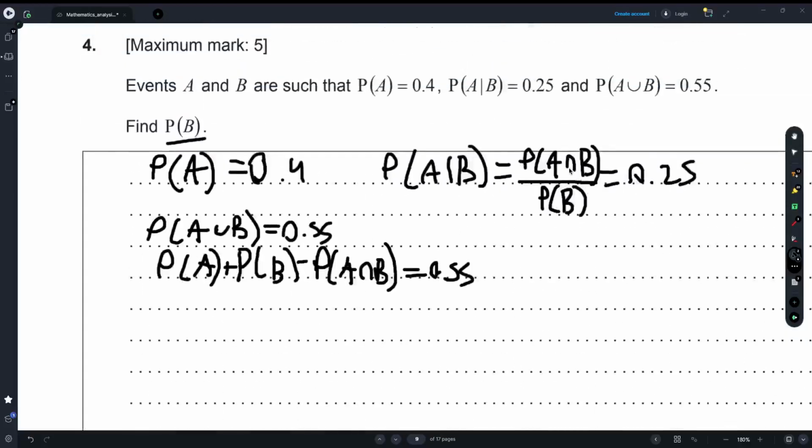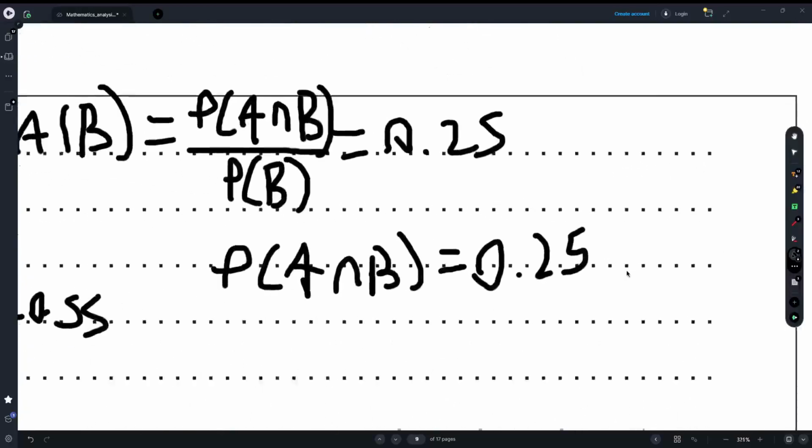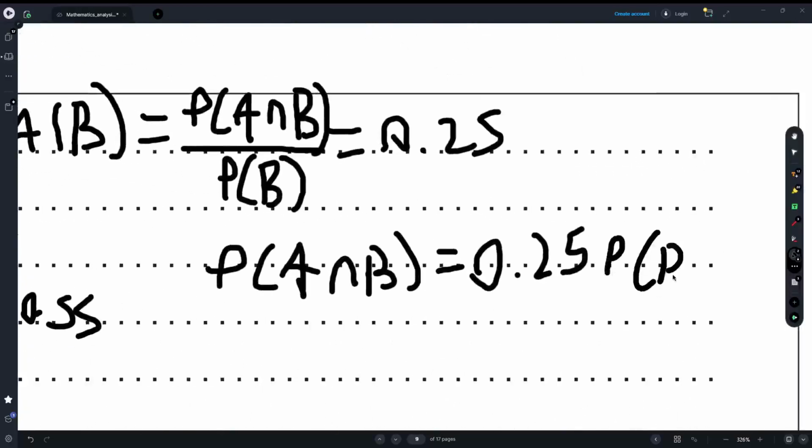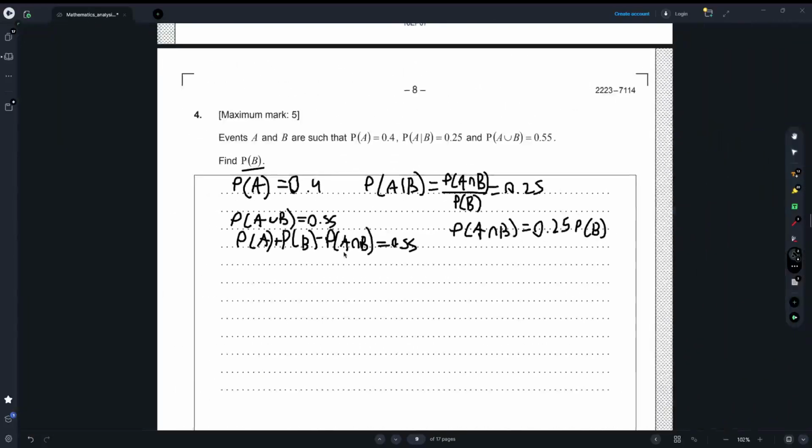Here we have P of A intersection B over P of B is 0.25, so we rewrite this as P of A intersection B is 0.25 P of B, multiplying it out. We can substitute this value into the equation here.